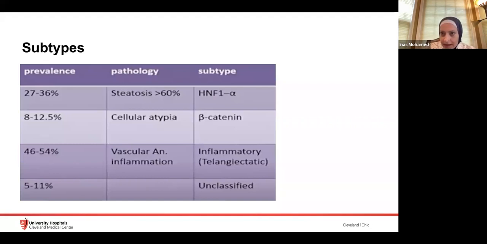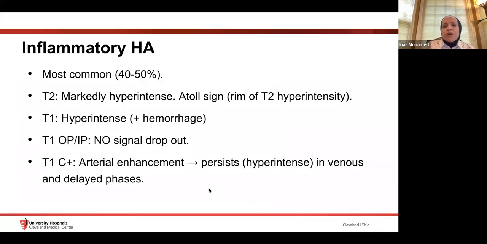So we are talking about adenoma. There are certain subtypes of adenoma: HNF1 alpha, beta catenin, inflammatory, and the unclassified subtype. The first one we're going to talk about, which is the most common, is the inflammatory hepatic adenoma.